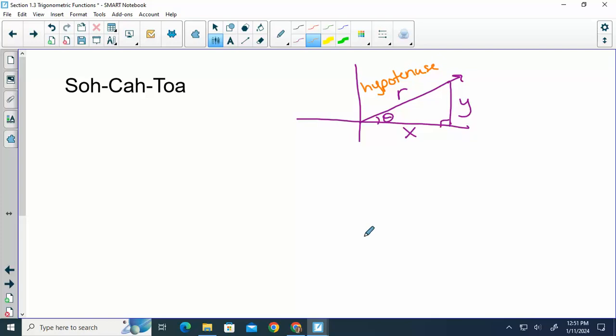In a right triangle, the hypotenuse is always across from the right angle. From this angle, y is opposite because it's directly across. x is referred to as the adjacent side. Adjacent means touching. It's the side touching my angle that's not my hypotenuse. So we have opposite, adjacent, and hypotenuse.